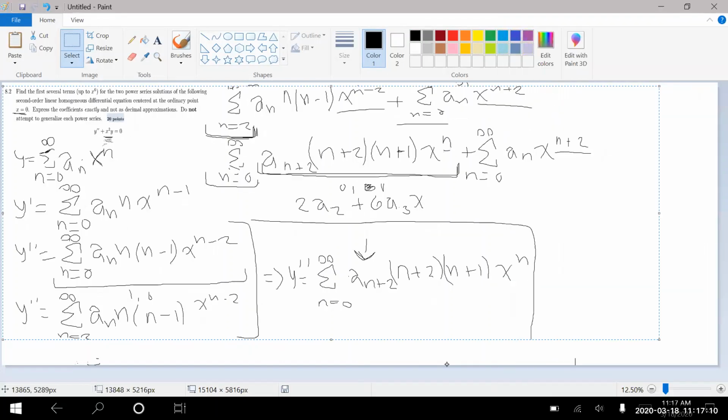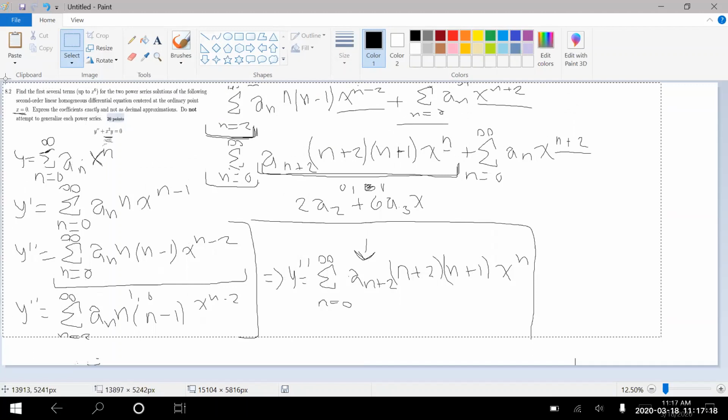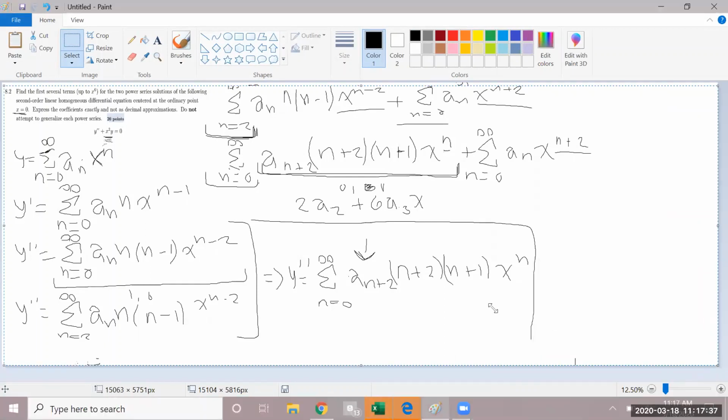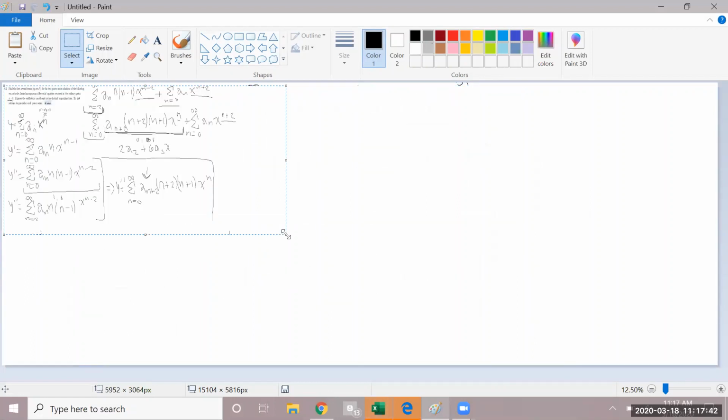Okay, you know what? I'm just going to take it out of tablet mode and make this smaller. Okay, now we should have enough room, hopefully, to finish the problem.